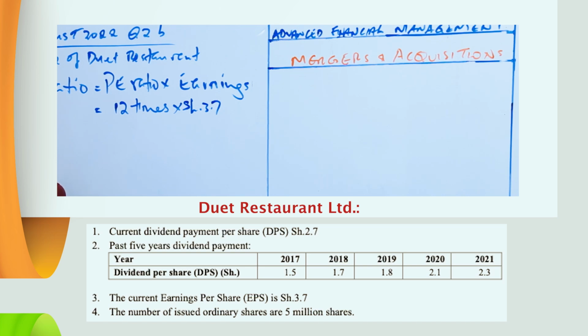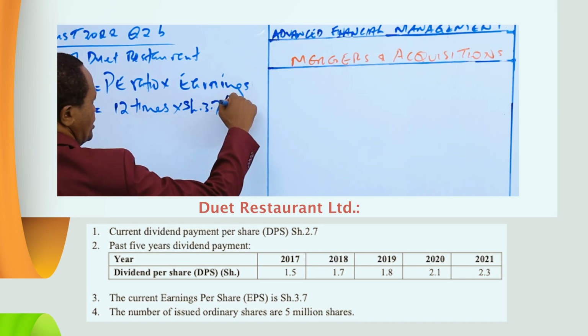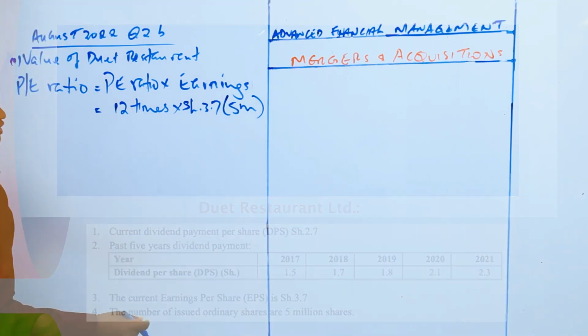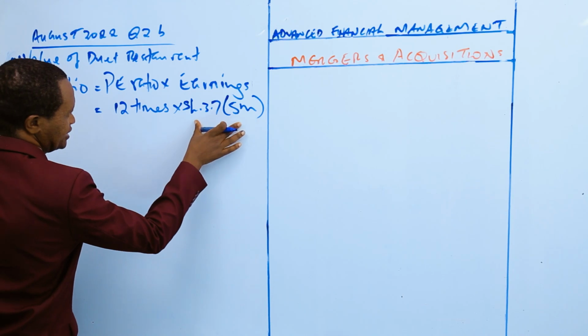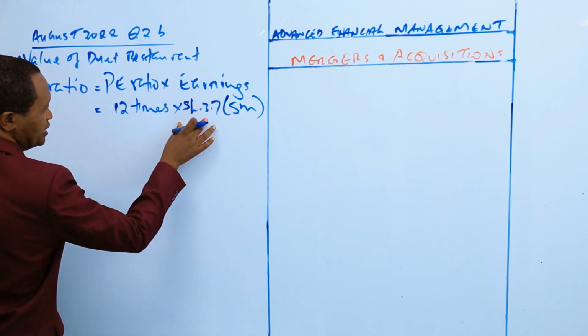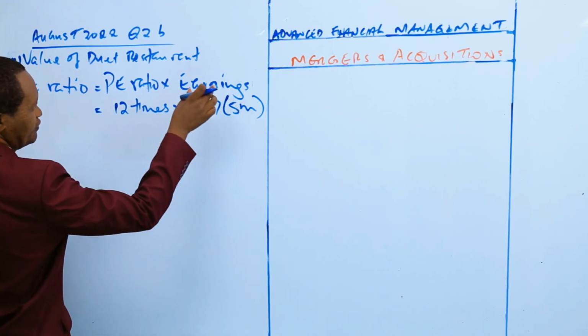Then we multiply by what we have in note number 4, the number of issued ordinary shares, 5 million. So we multiply by 5 million shares. That will give us the earnings. We take the earnings per share times the number of shares. That will give us the earnings.